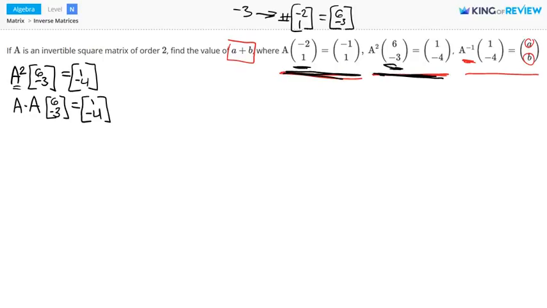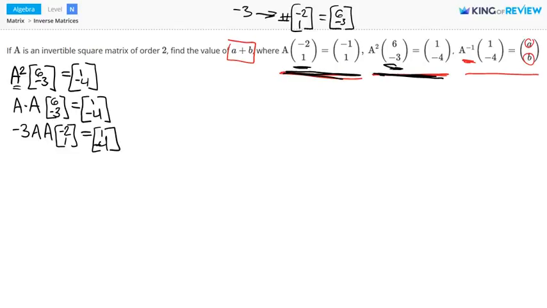So now I can write this as negative 3 times matrix A times matrix A times negative 2, 1 equals matrix 1, negative 4.